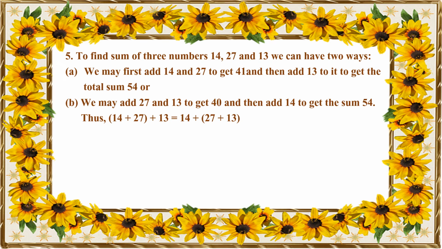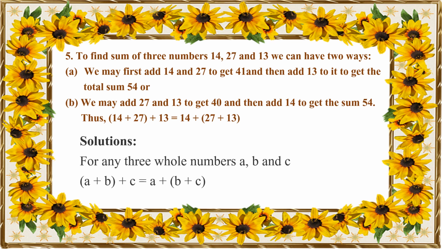So how can you write this in terms of variables? This is one property you learned, isn't it? What is that property? Associative property. A plus B plus C is equal to A plus B plus C. So this is called associative property.